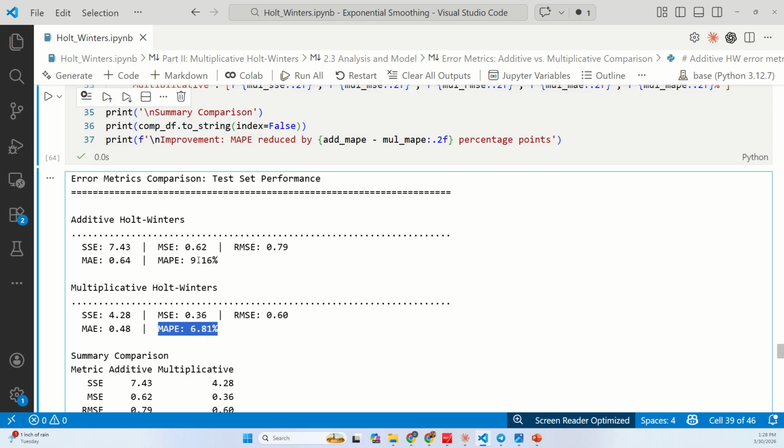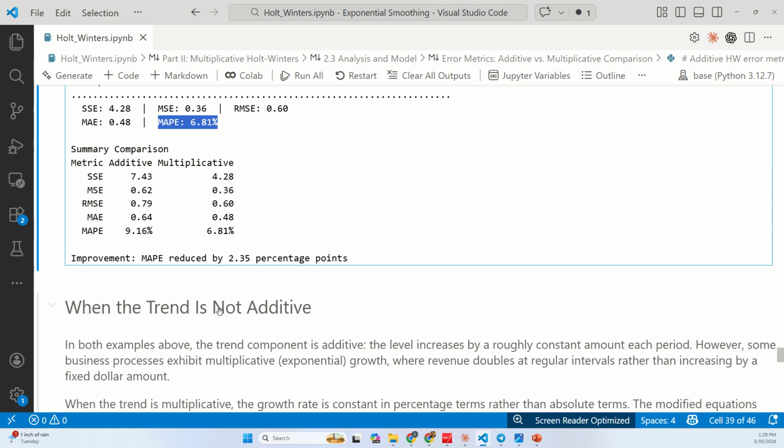That is about 2.6 percentage points. So it looks small, but if you measure the percentage of the reduction, it's way higher than that. And it makes sense because if you look at the initial plot, it follows a multiplicative pattern, not an additive pattern. All right?